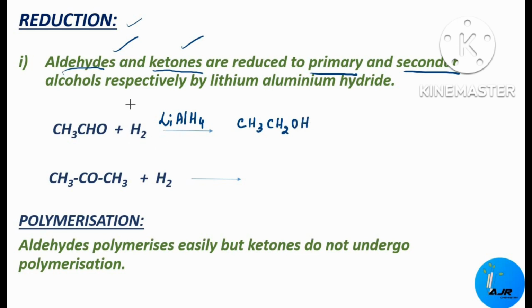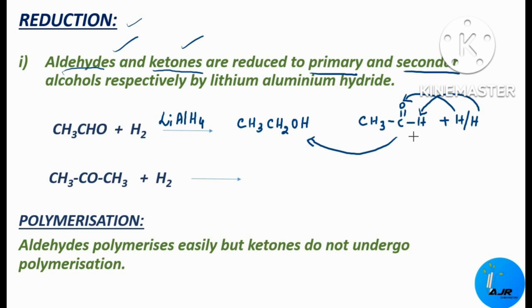See here, I'm just going to split and show you CH3 C double bond O. When you are adding hydrogen, H2, I'm splitting it like this. One of the hydrogens gets added to this carbon and another hydrogen gets added to this oxygen. So you'll be getting this product, CH3CH2OH. Understood, students?